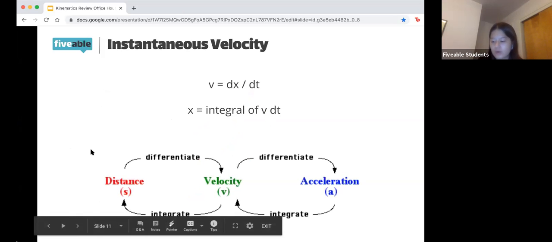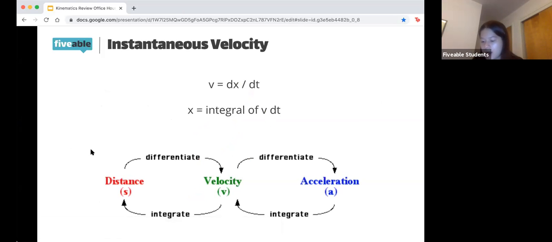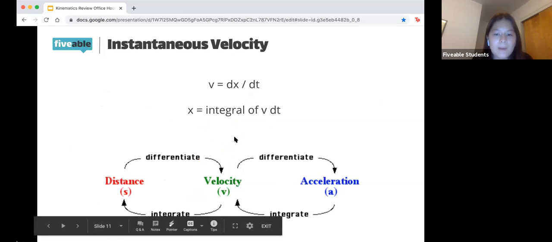Okay, so let's go to more of the calculus side of it. Here is a really neat chart: when to differentiate, when to integrate.